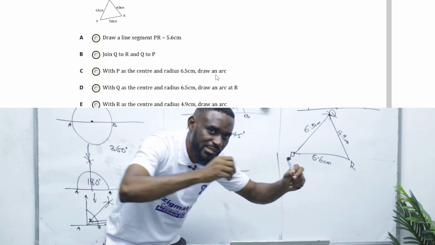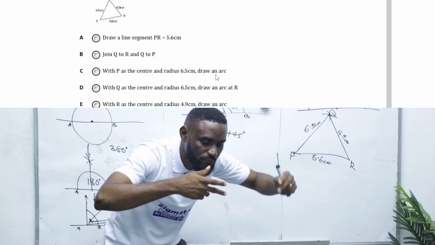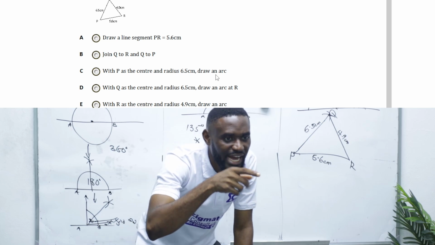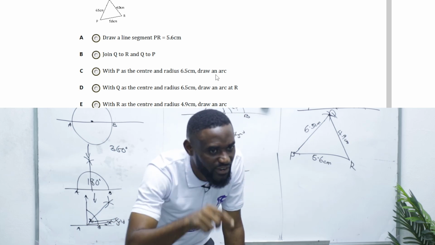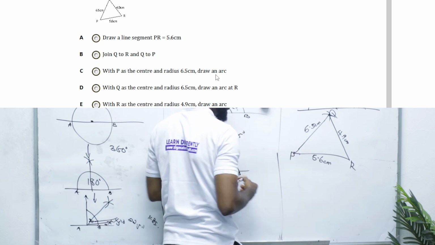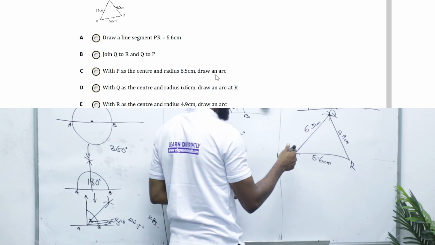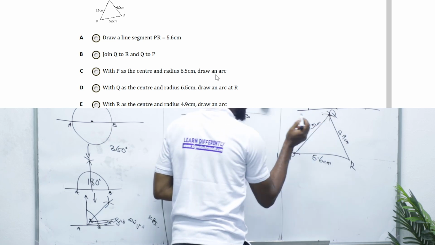Once you open that compass, that length is the radius. So you say with P as the center and radius 6.5, draw an arc. We did it here. The center is where that pin will enter. So we drew 6.5. It is correct.